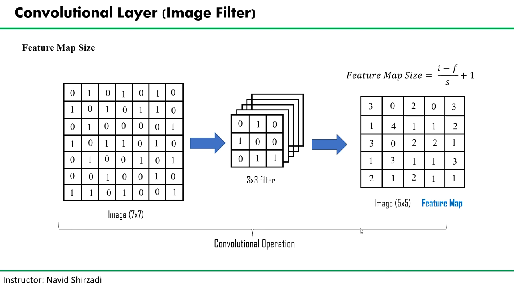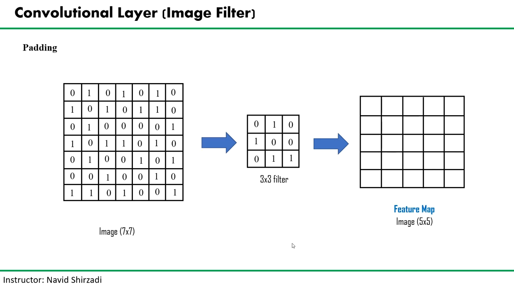There's another important step in a convolutional operation that I want to mention here, and that's padding. So what is padding? Padding is actually adding additional pixels on each side of our image. So we can increase the chance of some pixels being chosen for being in the final feature map.